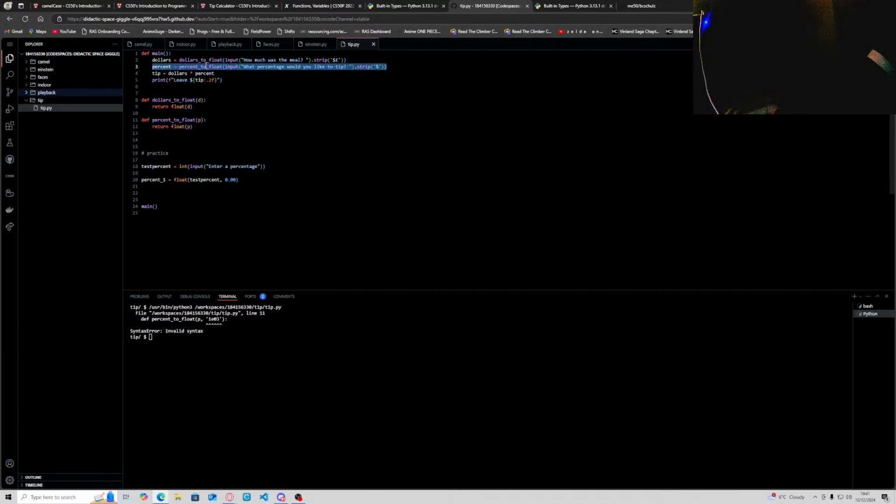The next input is what percentage you'll actually tip, out of the meal. So let's say I want to do 5%. These two inputs, I'm going to times each other for the tip. Oh, 1 second.